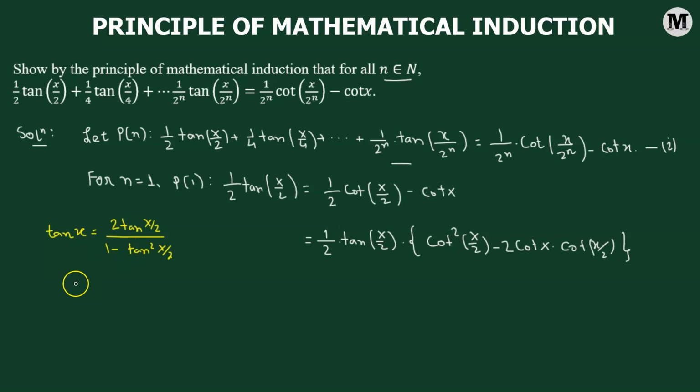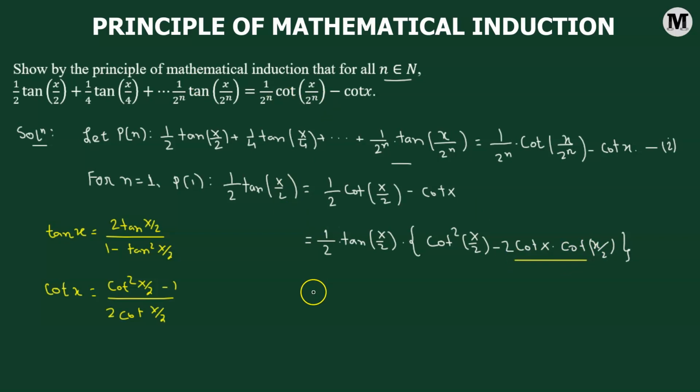So when we take the reciprocal, we get cotangent of x equals cotangent squared x over 2 minus 1, divided by 2 times cotangent of x over 2. Now when we cross multiply, we simply get 2 times cotangent of x times cotangent of x over 2.